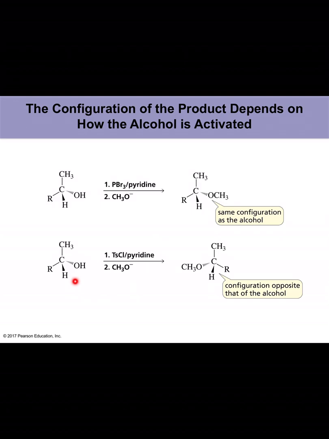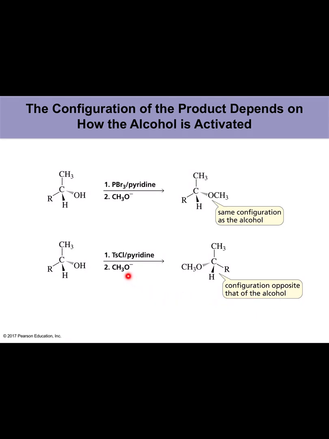And if you look at the second one, we have the same starting material as before. Now in this one you are making a tosylate, a sulfonate ester, with pyridine, making the hydroxyl group a good leaving group, and then you have your nucleophile methoxide. Now the configuration of the product here is opposite that of the alcohol.